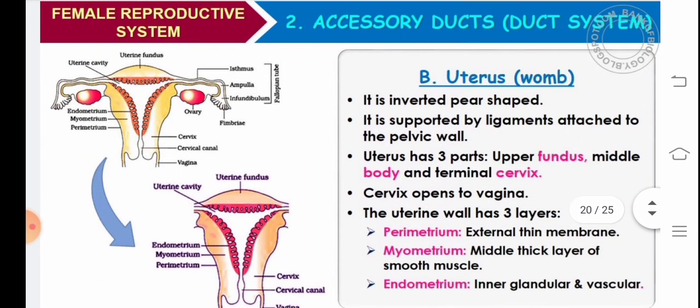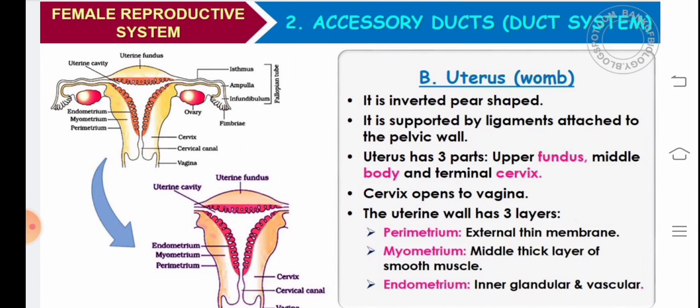Next accessory duct is the uterus. It is also called the womb. The uterus is an inverted pear-shaped structure, and it is muscular and hollow. That is why it can undergo contraction and expansion.